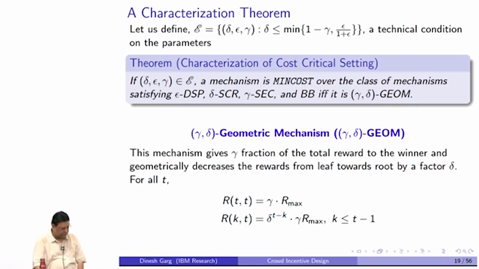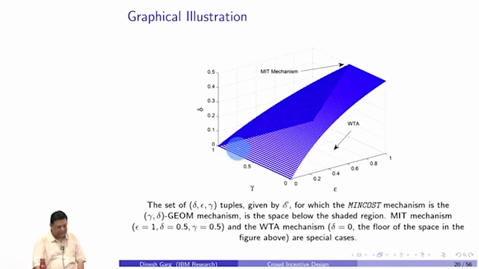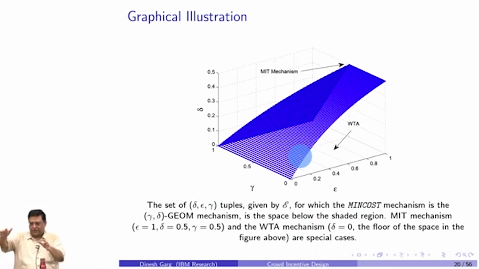Let me just show you the picture, how it looks. So this is how it looks. If you play around with different combinations of epsilon value and gamma value, these are the admissible values of delta. So any pair of epsilon, gamma, delta which is below this blue surface, you may be seeing this curved surface, you take any point either on this surface or underneath this surface.